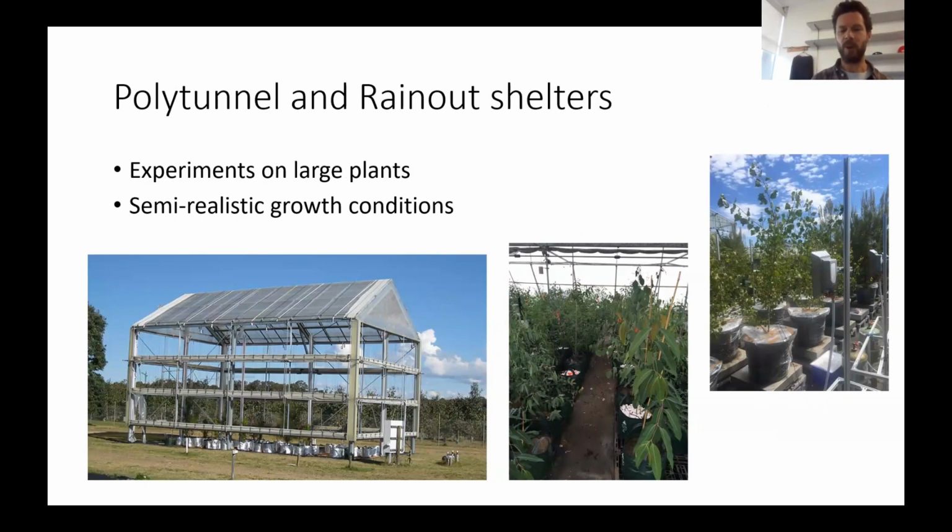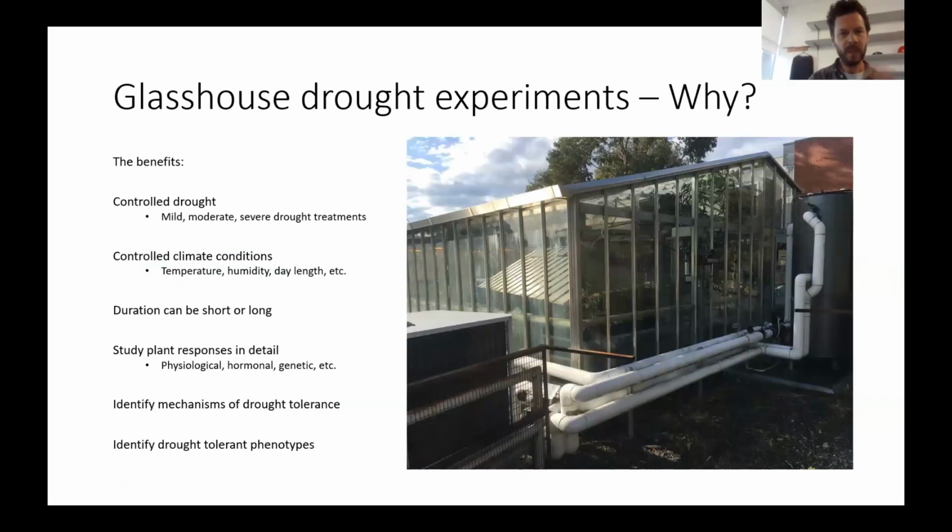In that way, you get to grow bigger trees, either in the soil or in big pots, and do experiments on larger trees. This is also true for a polytunnel type setup. On the right is another experiment where, in the background, you can see a rainfall exclusion canopy that would move across the trees as soon as rainfall was approaching.